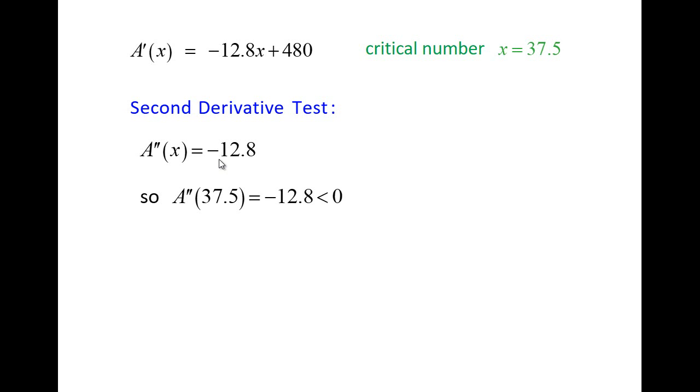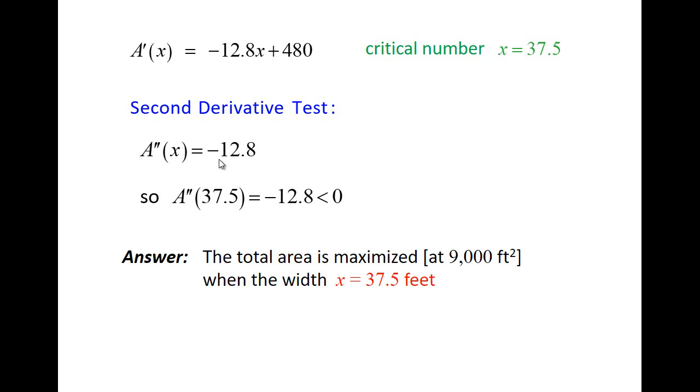So it has a local max at the critical point, but since this is the only critical point, that's got to be the absolute max. And so the maximum of the area function occurs when x is 37.5.